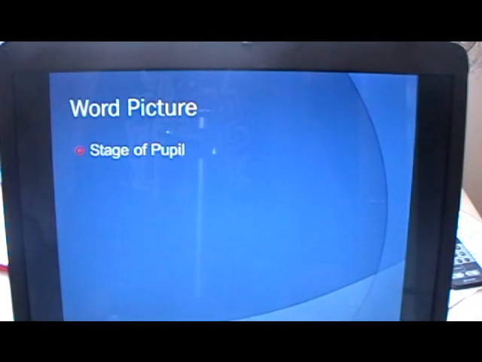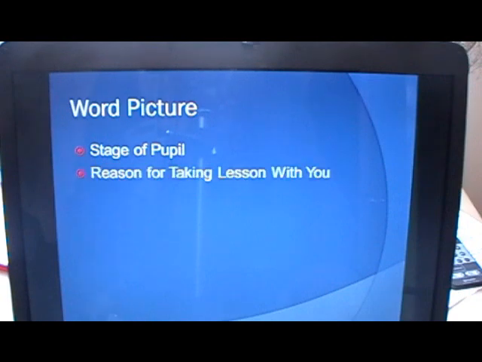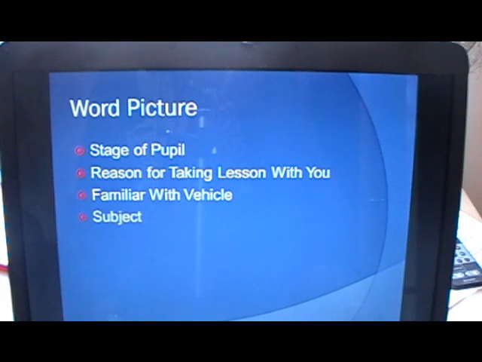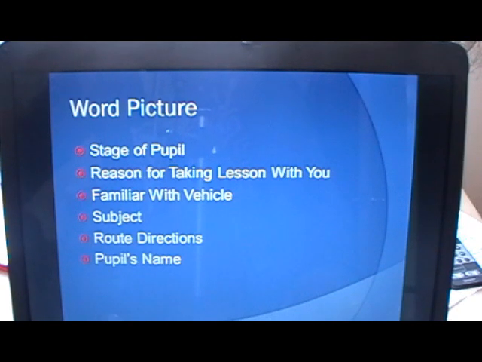Okay, so for the word picture, you've got the stage of the pupil, the reason that they're taking lessons with you, are they familiar with the vehicle, the subject that you're going to teach, the route directions, which will come from the examiner, you've got to repeat them back, and the name of the pupil, and finally any questions.